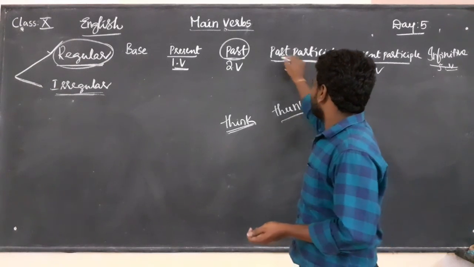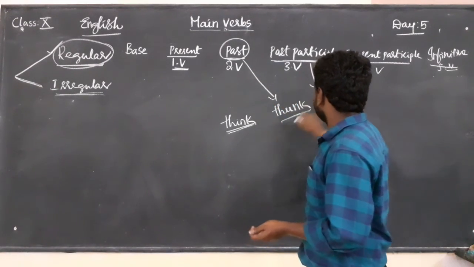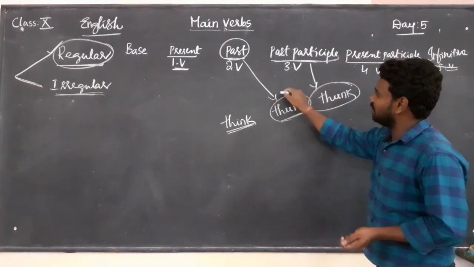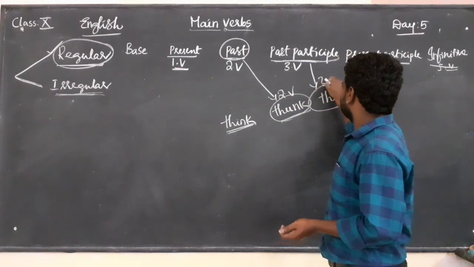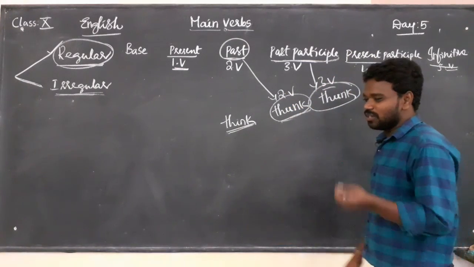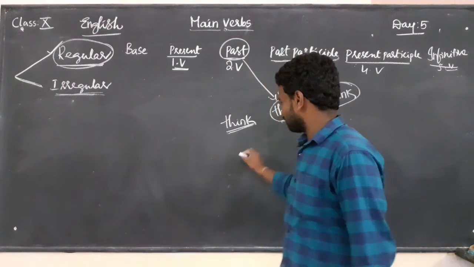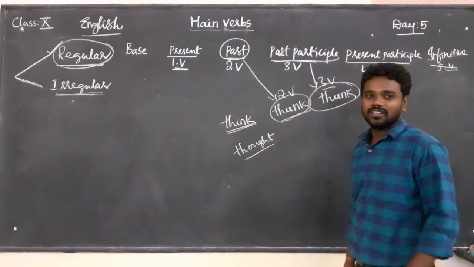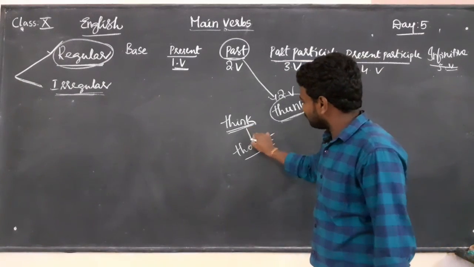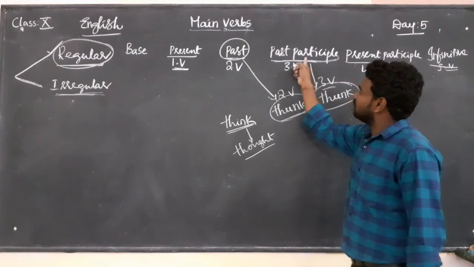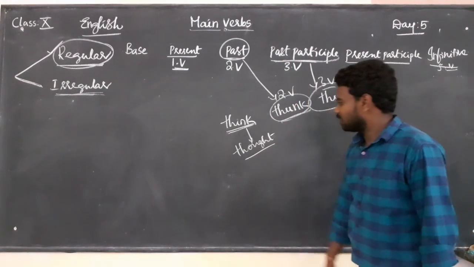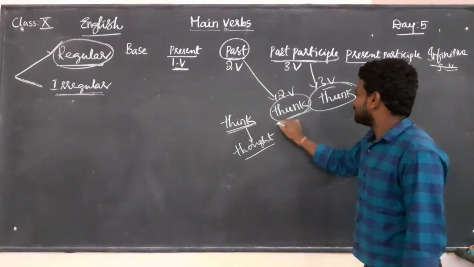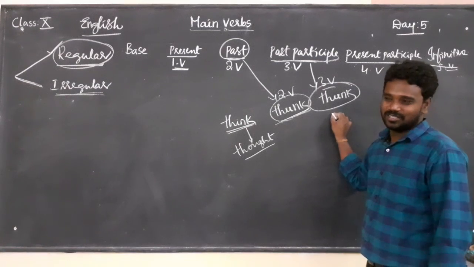So he wrote that the past and past participle are thunk. But when he speaks, he uses the word thought. So what is the second form of think? It is thought, and the third form is also thought. But what did he write in the examination? He wrote thunk. So is it right?